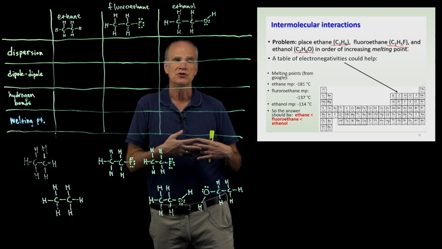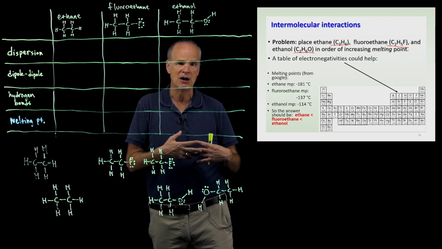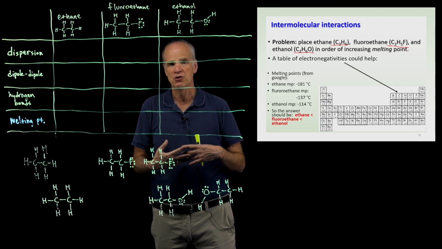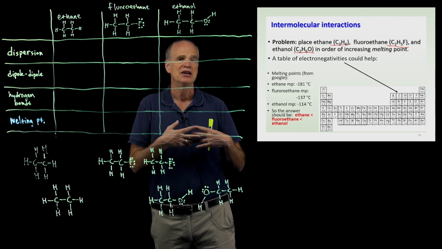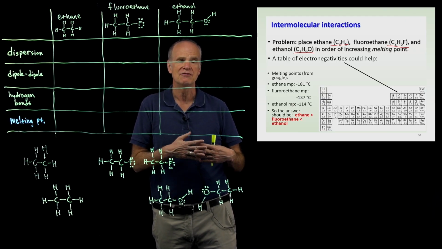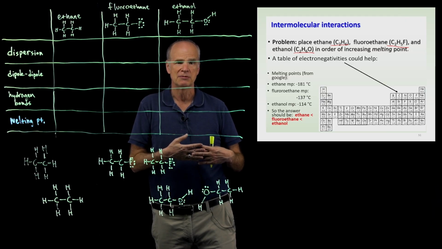And finally, if it's a polar molecule with hydrogen bond donors and acceptors, then it'll have dispersion forces, dipole-dipole interactions, and hydrogen bonds, and compared to the other ones, will have the highest melting and boiling points.